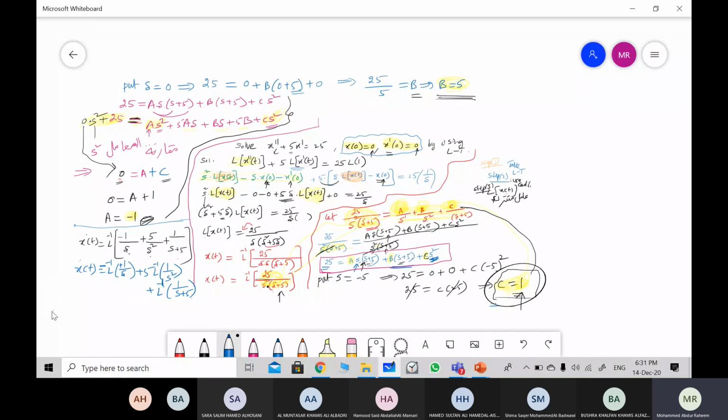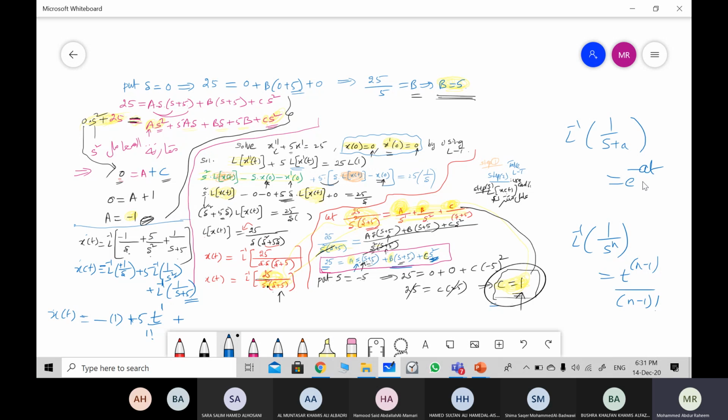The last step will be minus L inverse of 1 over s, which is 1 if you remember the rule, plus 5 L inverse of 1 over s squared. L inverse of 1 over s power n is t power n minus 1 over n minus 1 factorial. So t^(2-1) over 1 factorial. This you know: L inverse of 1 over s plus a is e power minus a t.